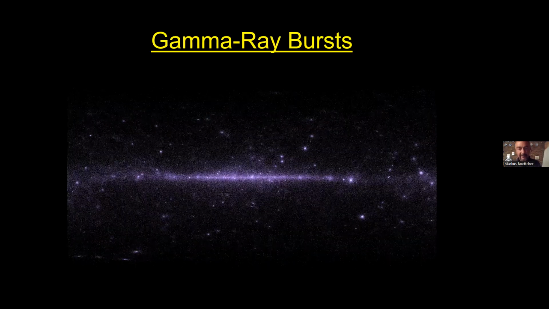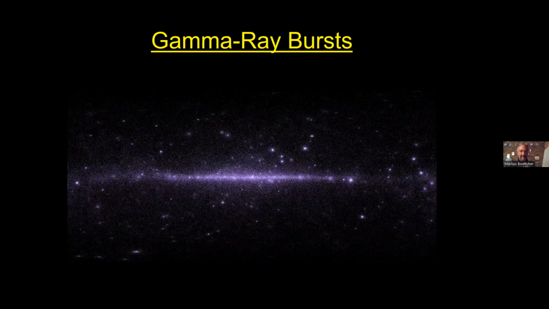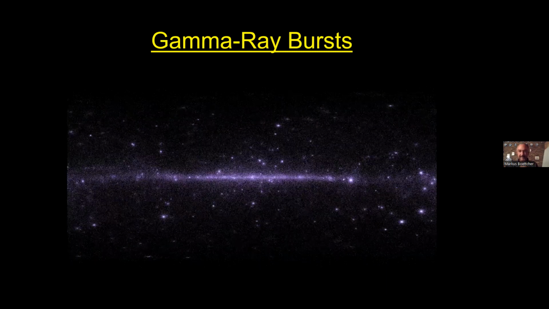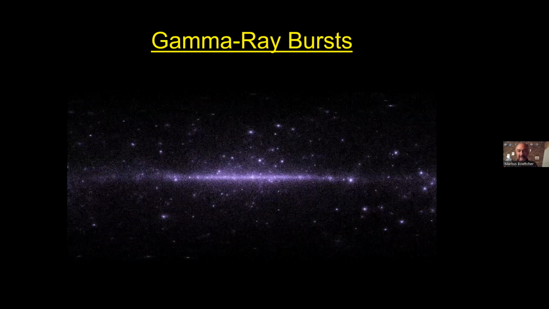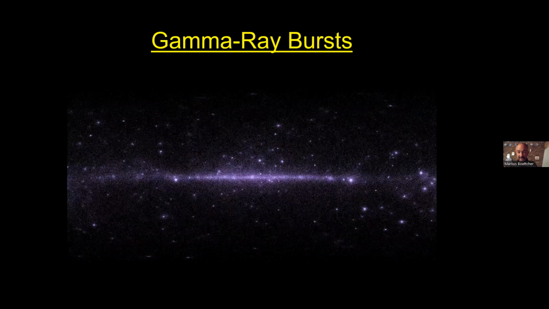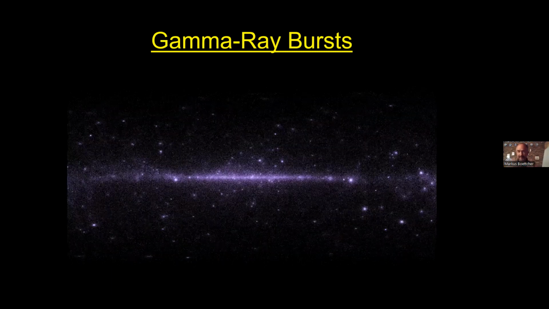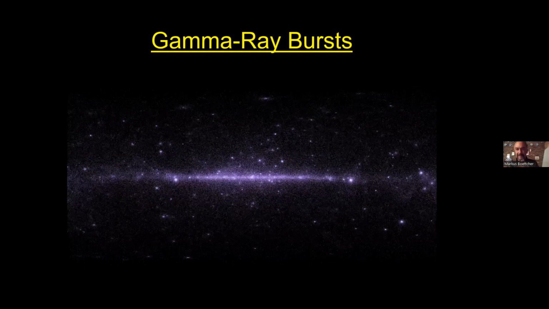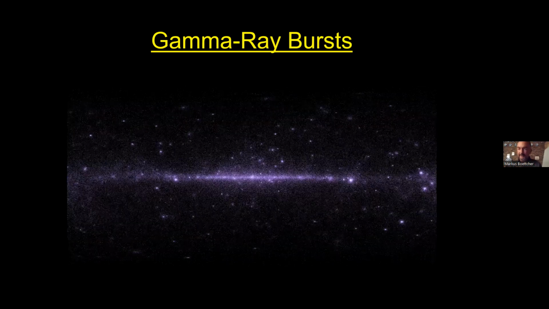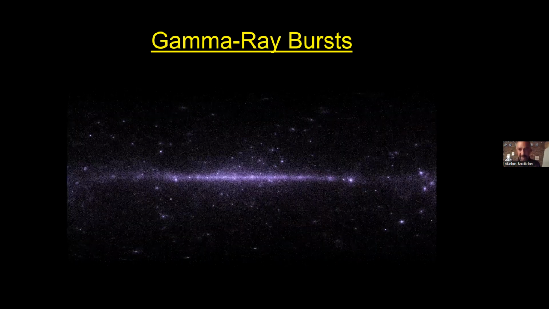There are 2 classes of gamma ray bursts that we see that are really distinct types of bursts. Some are called long gamma ray bursts, which last typically a few seconds to a minute or 3 or 4 minutes, and then fade away.